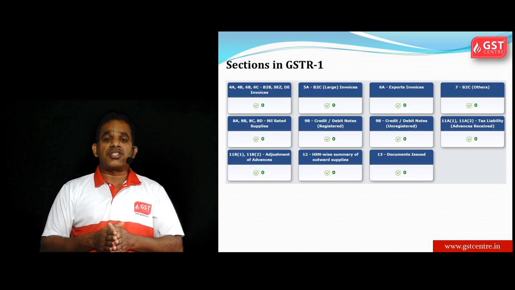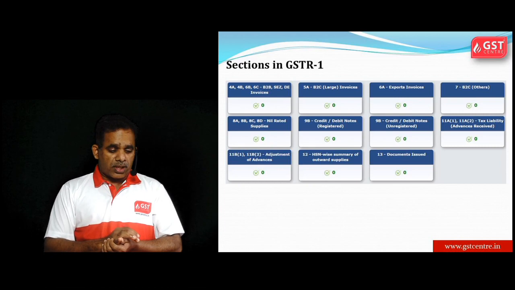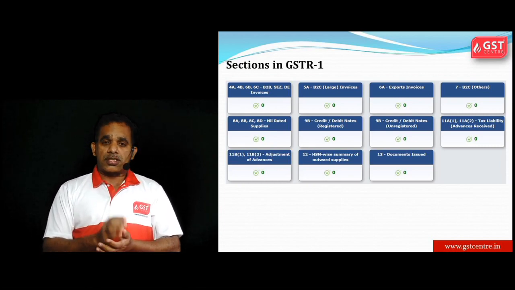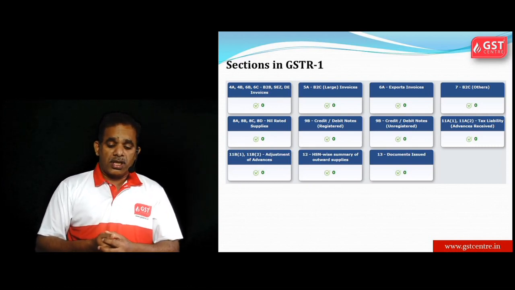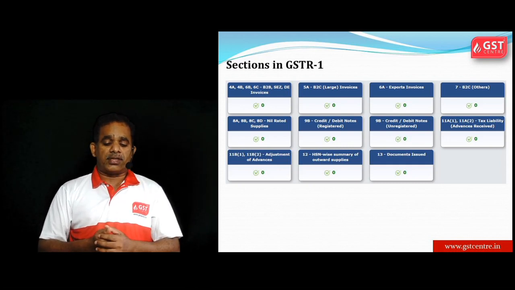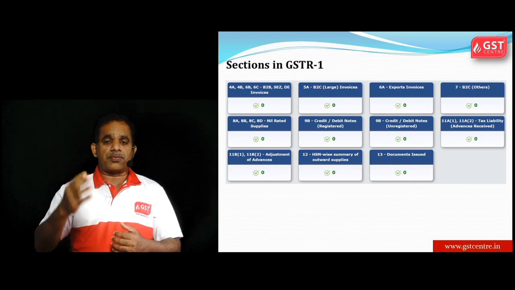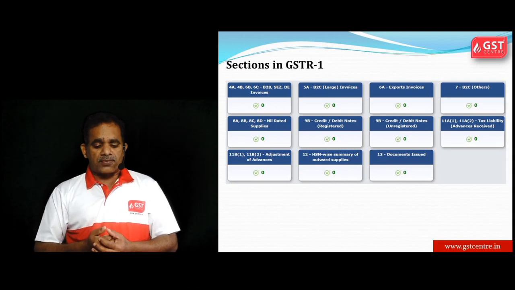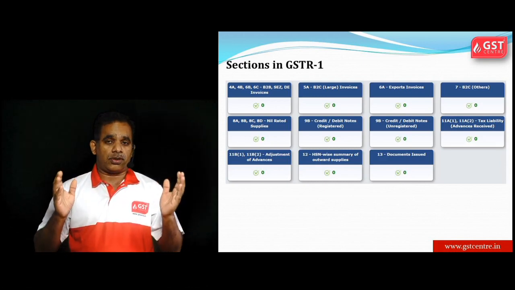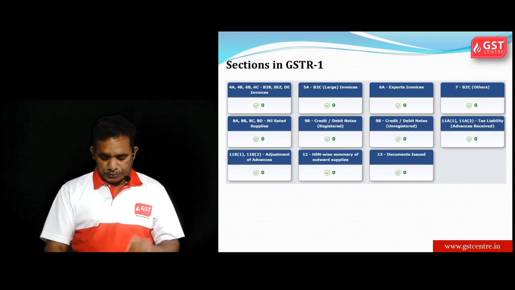Then 5A, B2C large invoices. 6A, exports invoices. 7, B2C others. 8A, B, C, D, nil rated supplies. 9B, credit or debit notes to registered customers. 9B, credit or debit notes to unregistered customers. 11A1, 11A2, tax liability in case of advance received. And 11B1, 11B2 for adjustment of advances. Then 12 HSN-wise summary of outward supplies, as well as 13 for documents issued.